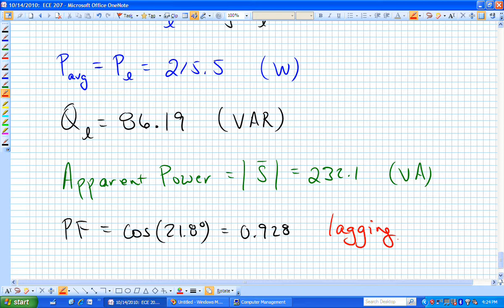If they give you the angle, you know it's positive or negative, so it's lagging or leading. But if they just tell you the power factor and don't tell you leading or lagging, you're missing some information. Is that clear? That's why that additional information is important if you just state the power factor.